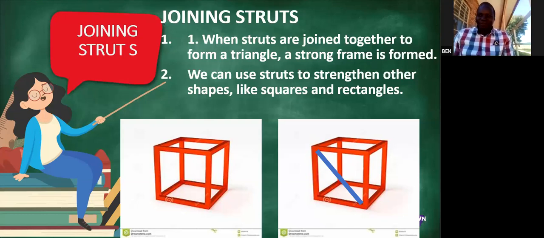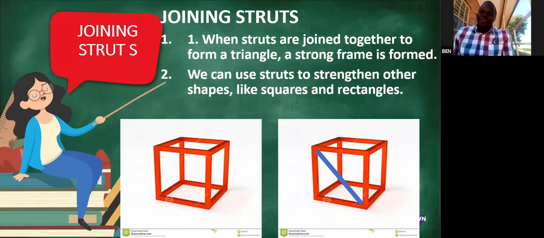You can see on the picture that I have two shapes. The first shape is a cube-shaped frame, and the other one is also a cube-shaped frame. On the left, I have a cube-shaped frame without a diagonal in the middle. Now I have another shape on the right with a diagonal in the middle.